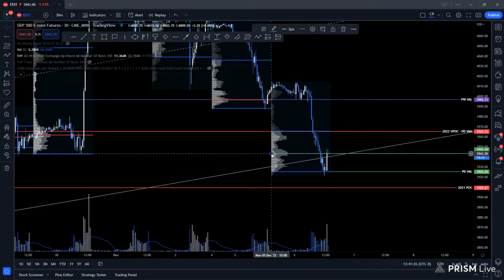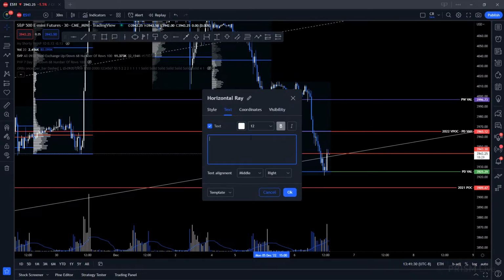And then here is previous day POC. Or actually, sorry, again, this is going to be a VPOC.